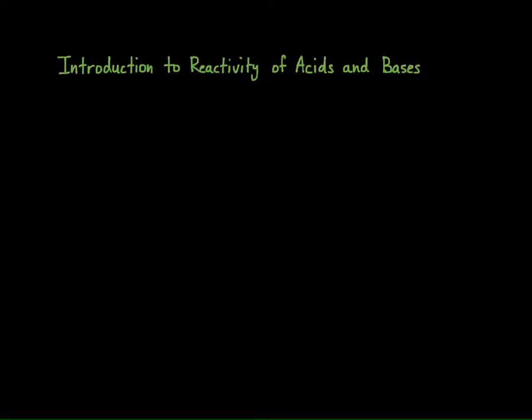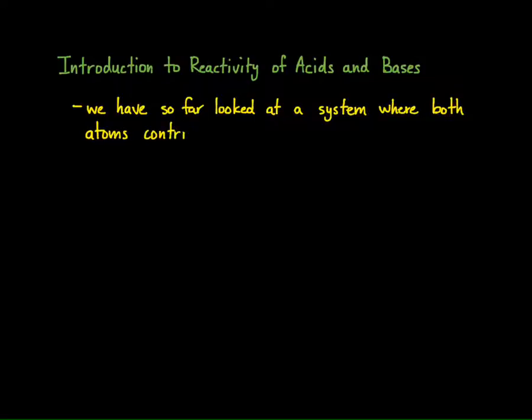Now I'm going to introduce you to the idea of acids and bases in their relationship to the molecular orbital diagram, the picture. So far, we've looked at a system where both atoms contribute one electron.